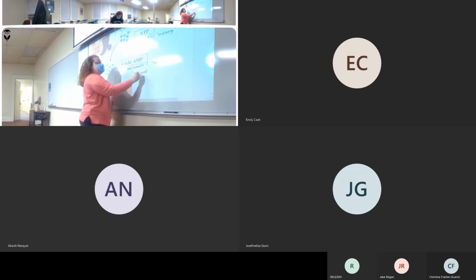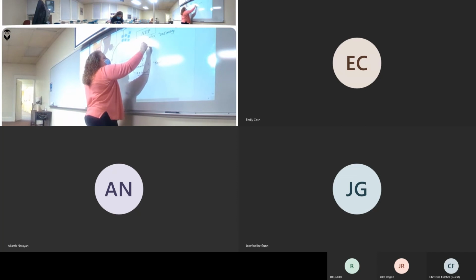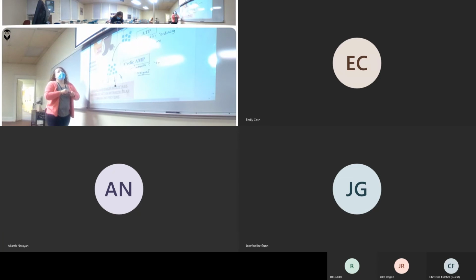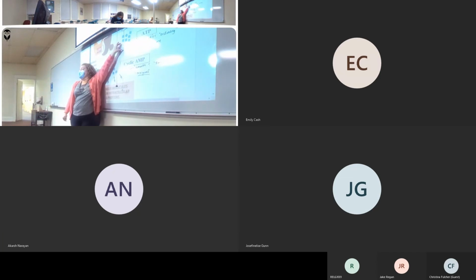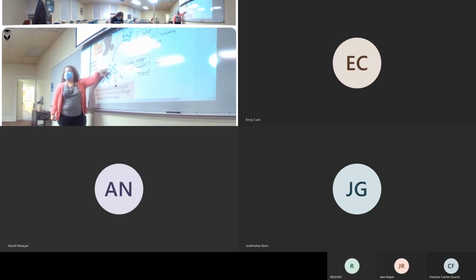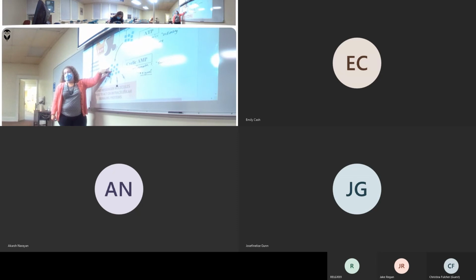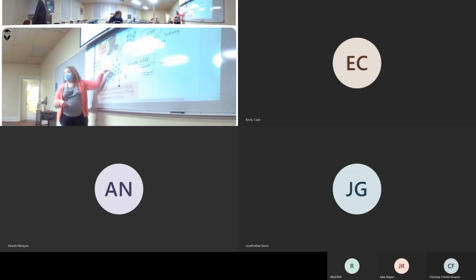And this is a signal. Cyclic AMP is acting as a signal. ATP is usually acting as an everyday energy source. So for a cell to have a lot of ATP in the cytoplasm is normal. For a cell to have a lot of cyclic AMP in the cytoplasm is something new and different, and that's a signal, because it's not usually abundant in the cytoplasm.